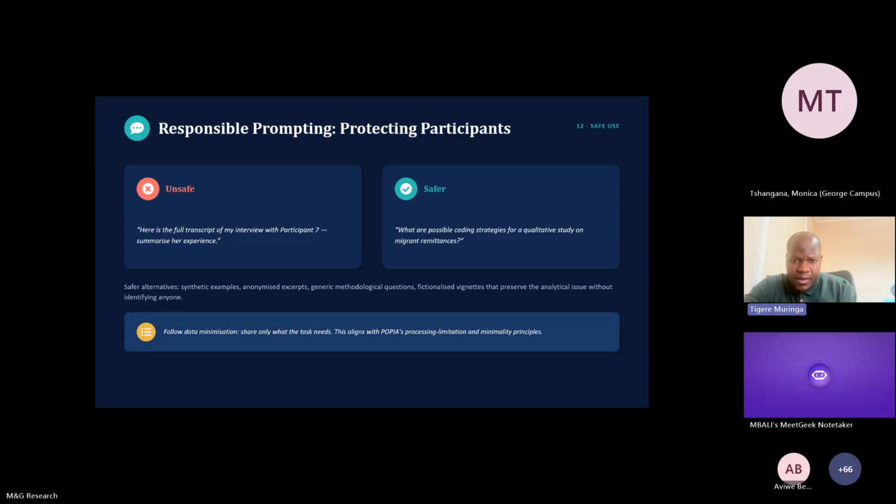Those are possible safe ways to protect the participants' information from being out there on these platforms. But we also need to go beyond data processing. We need to have secure data management before, during, and after AI use.